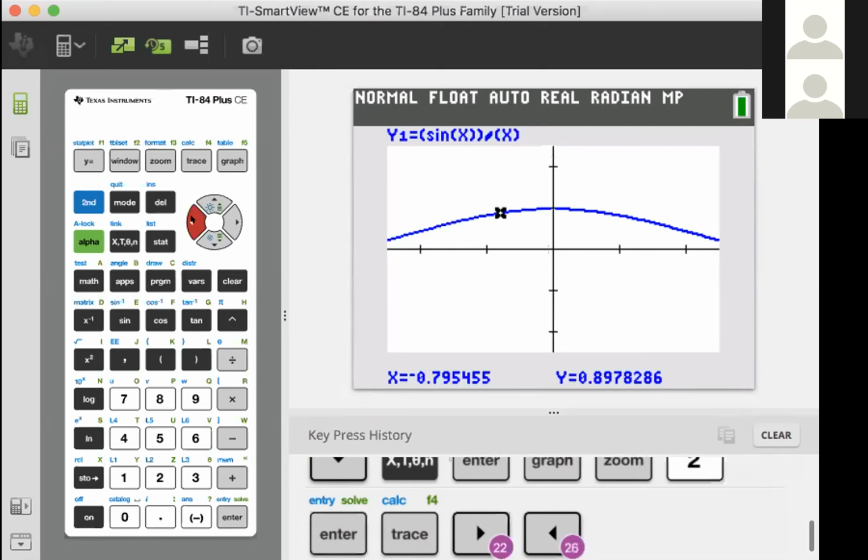From the left side, as you get closer and closer to 0, look at the y value: 0.88, 0.89, 0.90, 0.91, 0.92, 0.93. We're getting closer to a y value of 1. Again, when you're at 0, there is no value. Why do you think that is?